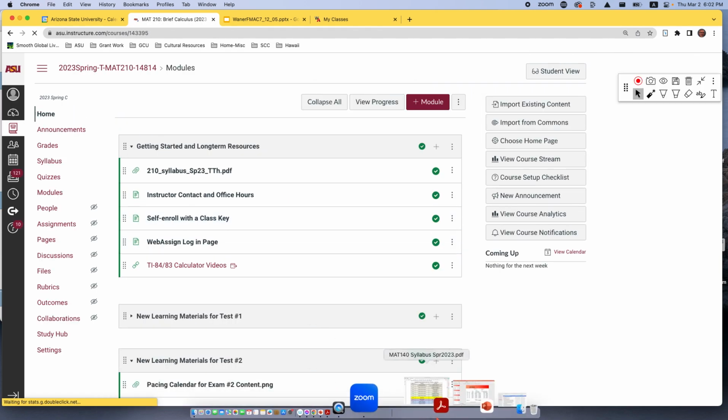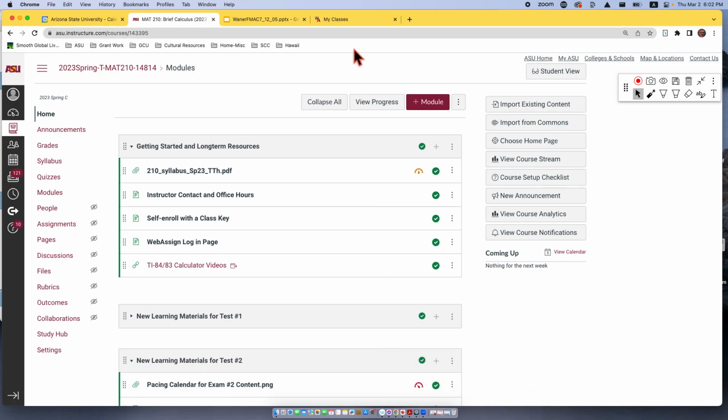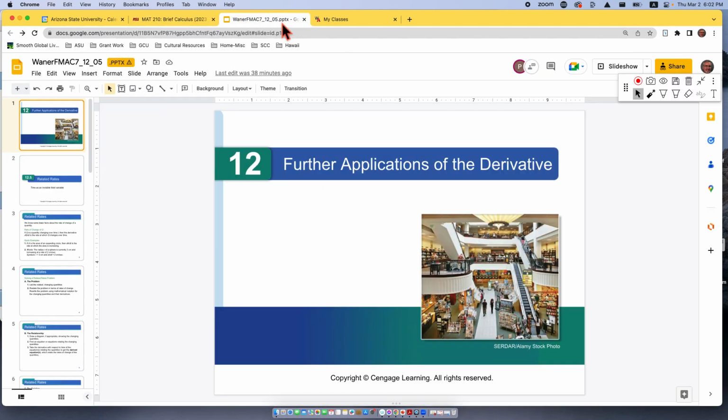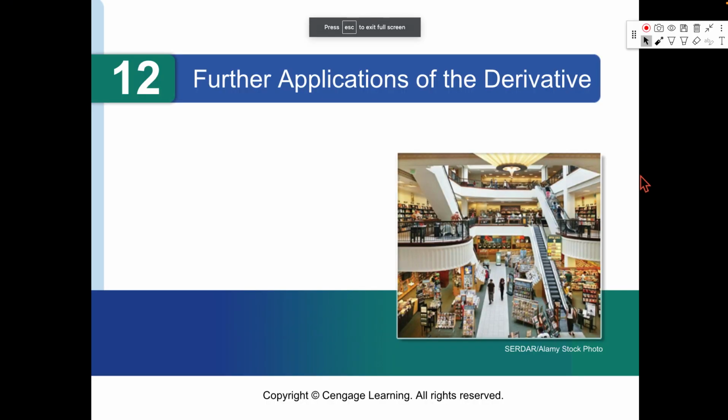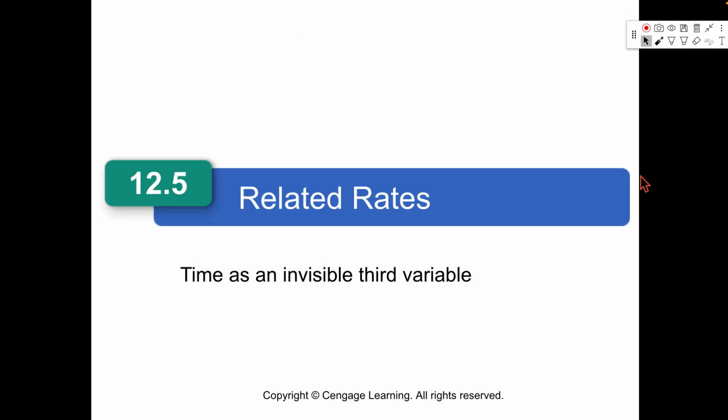So let me go ahead and open up here the slideshow. So this is applications of the derivative. Nothing really new. And what's going on here is we're going to have our x and y in there, two variables, but there's going to be a variable we don't see, and that's time.